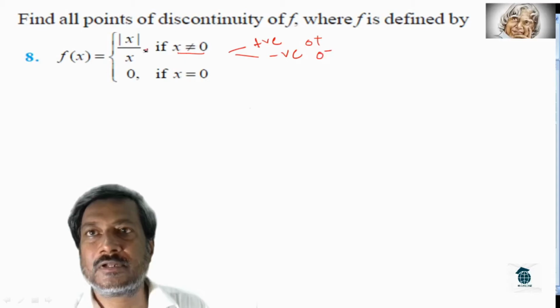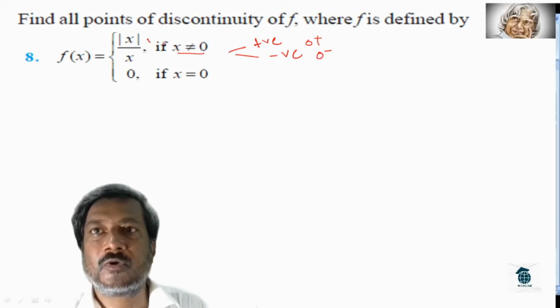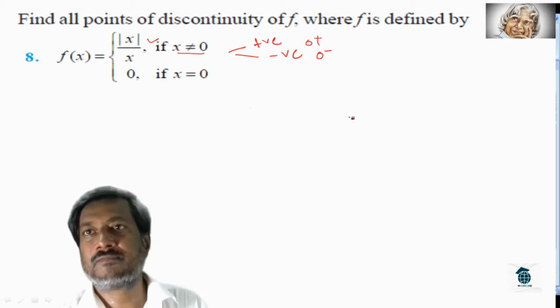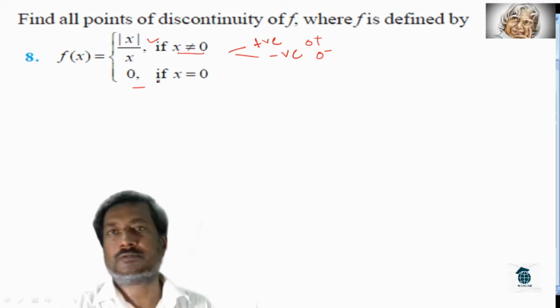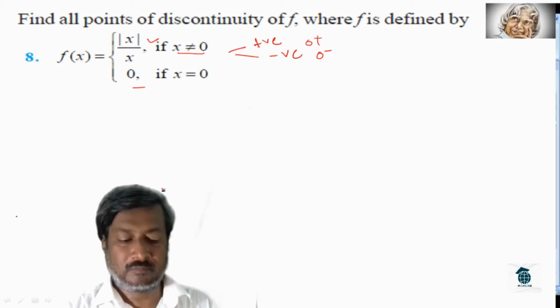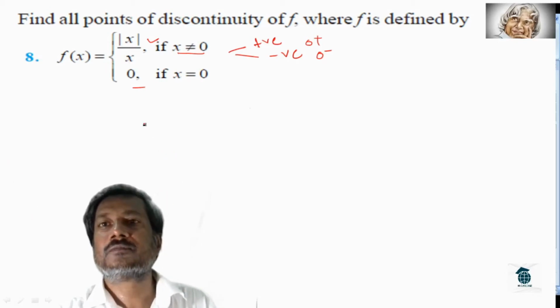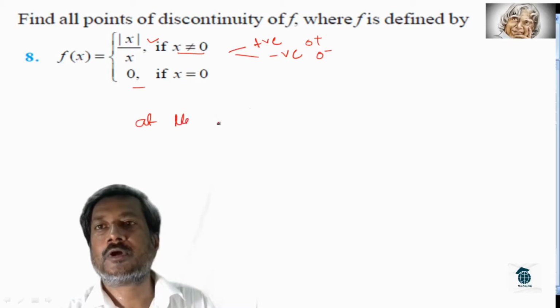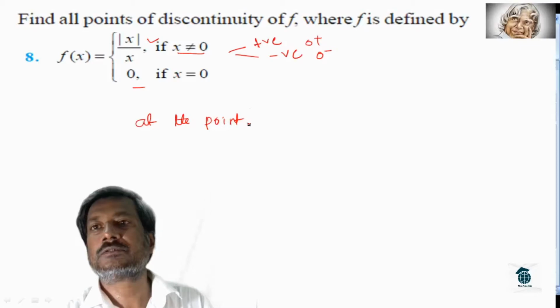You have to consider the function modulus x upon x. And if x equal to 0, you have to consider x equal to 0. So first, at the point x equal to 0.